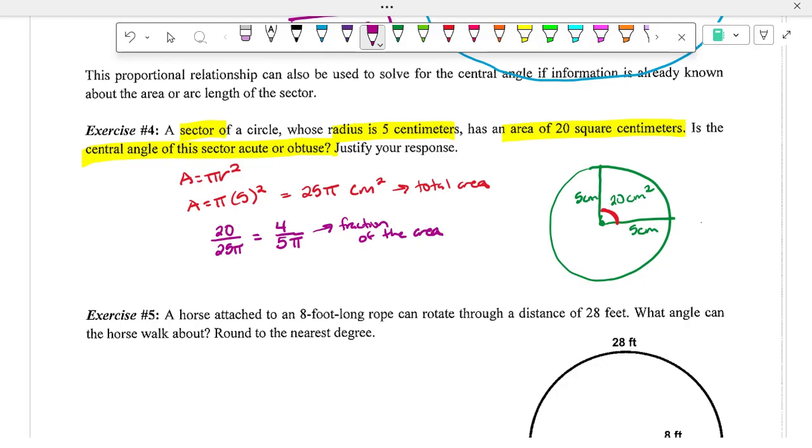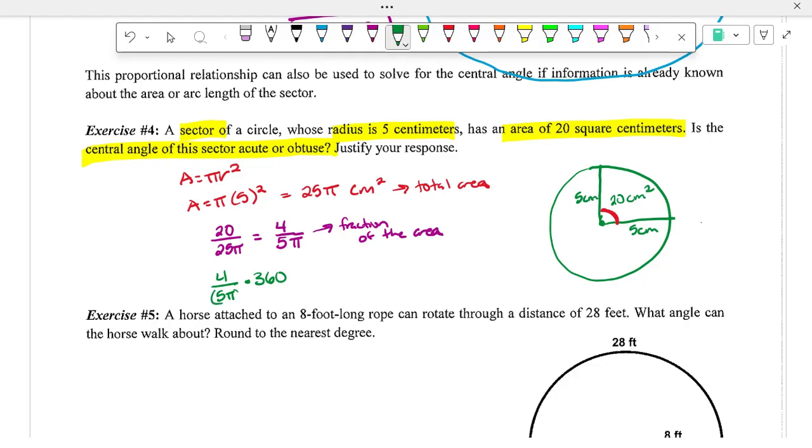Wouldn't we just, what operation would we do between that fraction and 360? We would multiply it. So I'm going to take 4/5 pi and multiply it by 360. Now, we're not going to get a pretty answer for this, so just put that in your calculator and round.